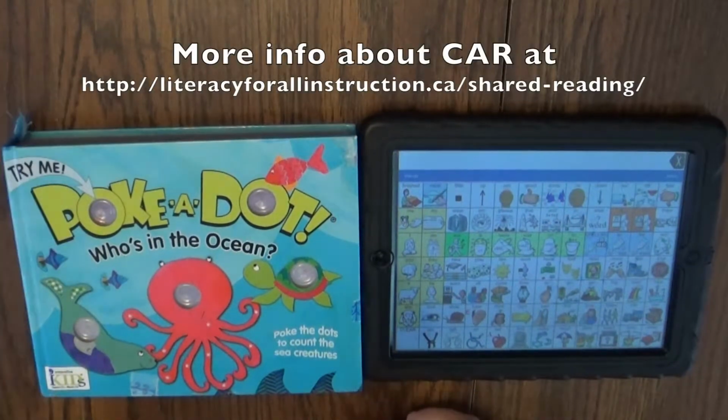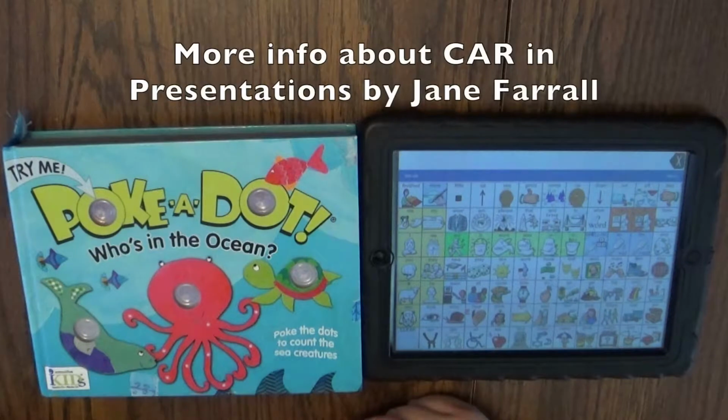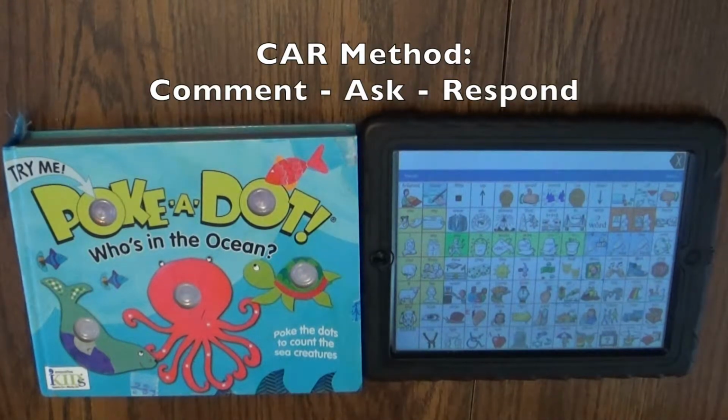If you're not familiar with it, you can Google it and look up some information. There's some good info on literacyforalinstruction.com, or look up some presentations and information by Jane Farrell on the whole CAR method. But CAR stands for C is comment, A is ask, and R is respond.